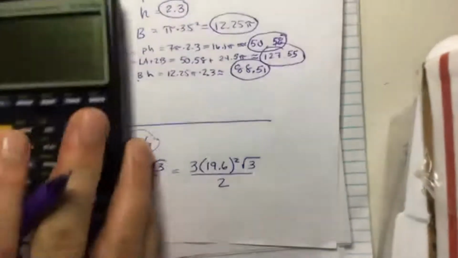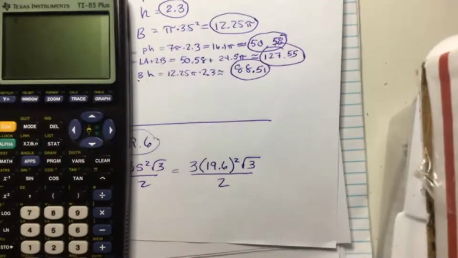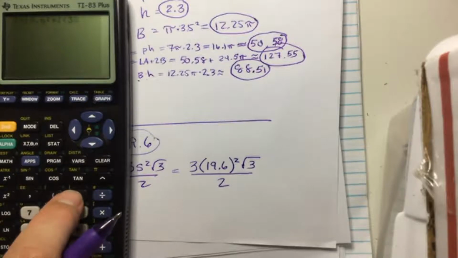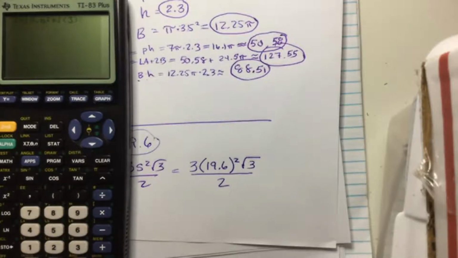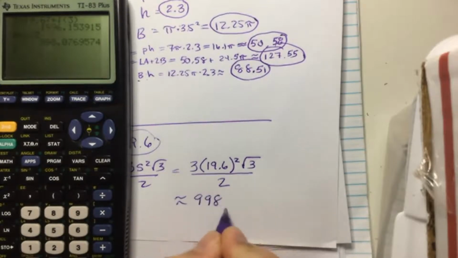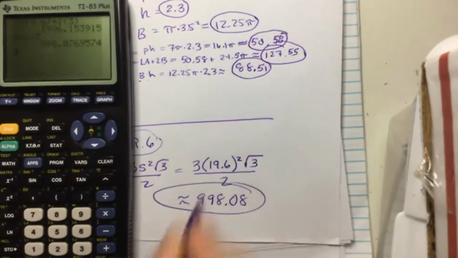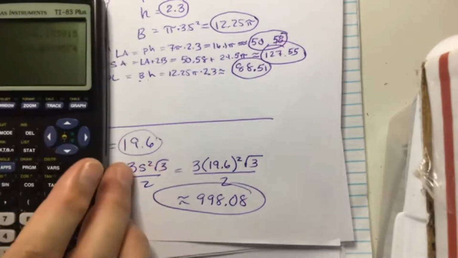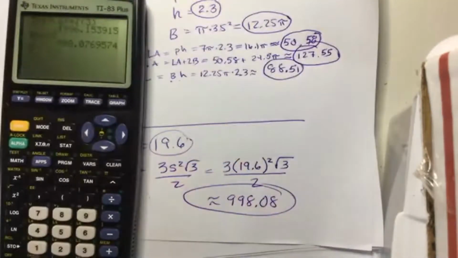It's just a calculator problem. 3 times 19.6 squared times root 3. Don't forget to close that parentheses so you're not dividing by 2 inside the square root. And then divide by 2. Questions on this one?